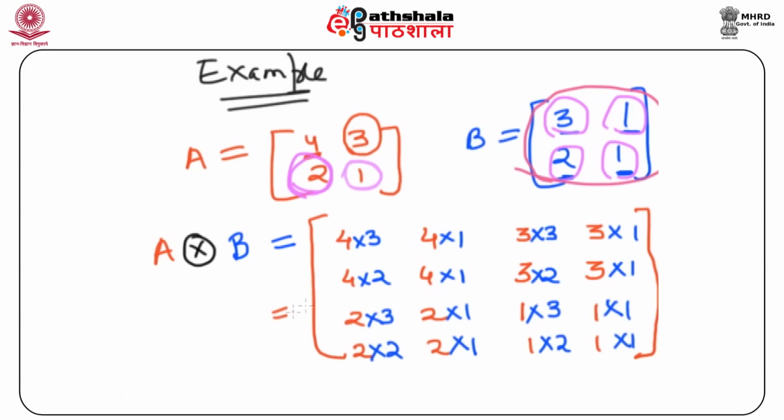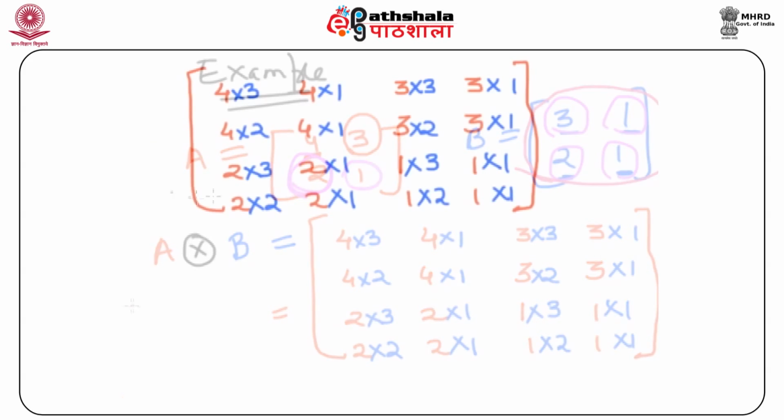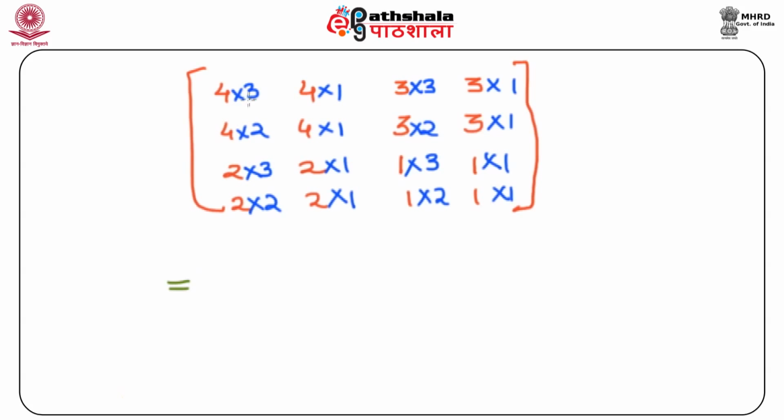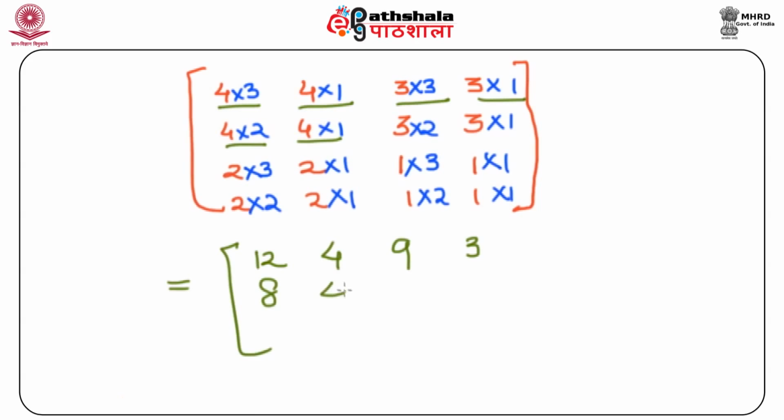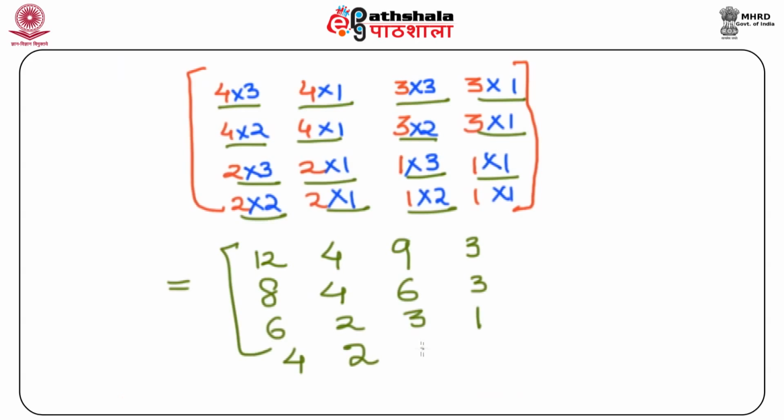You can clearly solve it further. So what we get is 4 into 3, you get 12 here, 4 into 1, you get 4 here, 9 here, 3 in place of this, then 8, 4, 6, 3, 6, 2, 3, 1, 4, 2, 2 and 1.